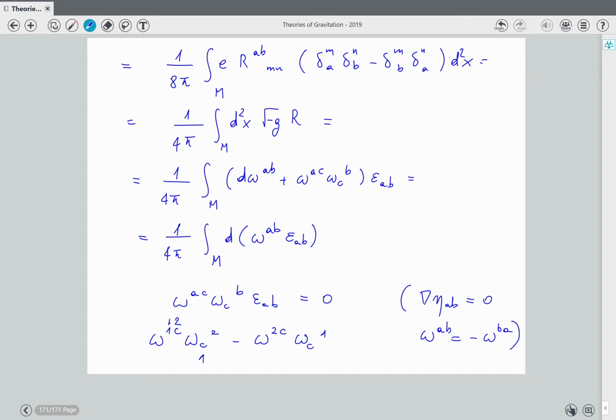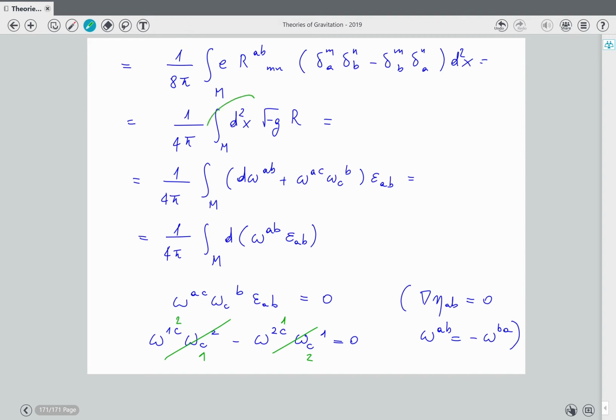So they cannot be equal. It doesn't make any sense. There is not even room for building such an object in 2 dimensions.